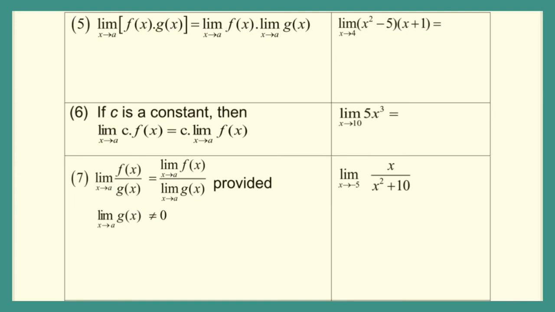Property number 5. Limit of f(x) times g(x) as x approaches a is equal to the limit of f(x) as x approaches a times the limit of g(x) as x approaches a.